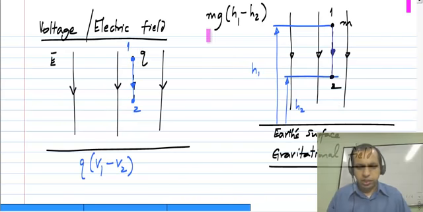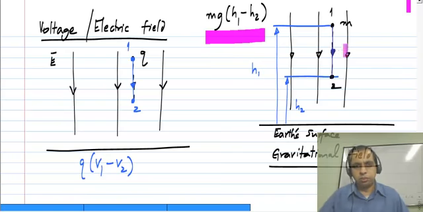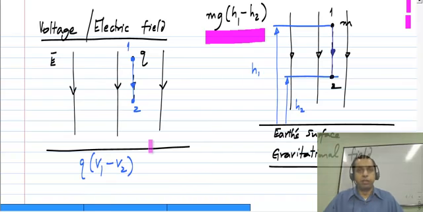Okay. So you can see the analogy between energy gained by an object falling in a gravitational field and the energy gained by a charge which is falling in an electric field. When I say falling, I mean being accelerated by the electric field. Okay.